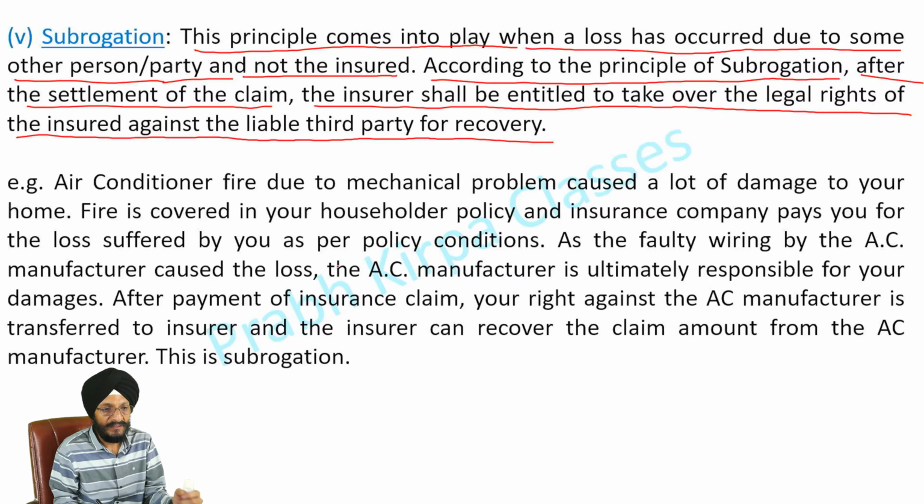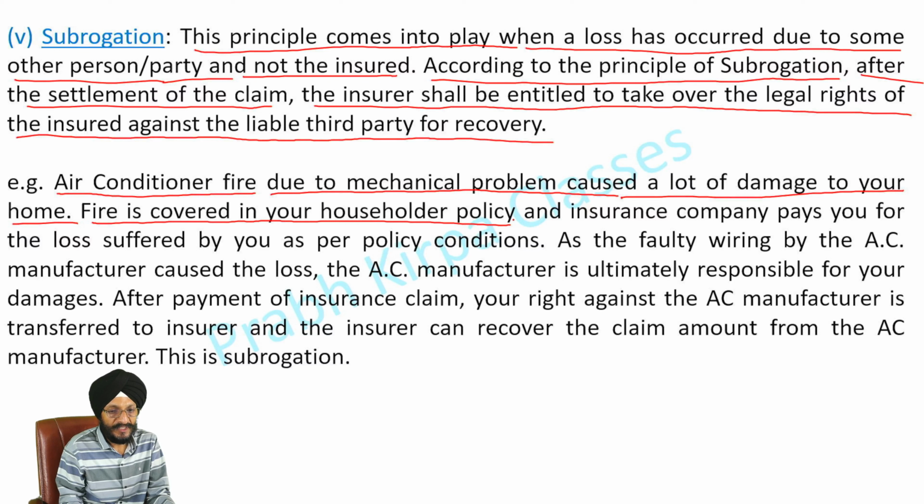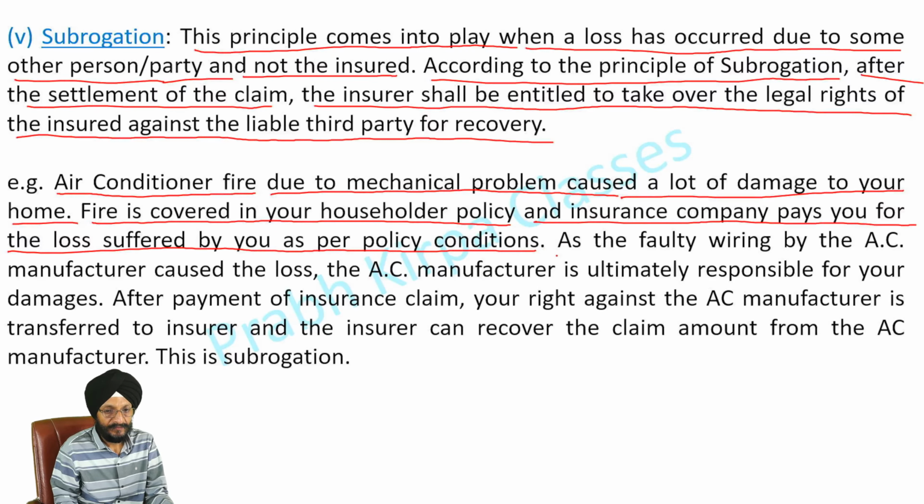We will understand this principle with the help of an example. For example, air conditioner fire due to mechanical problem caused a lot of damage to your home. Fire is covered in your householder policy and the insurance company pays you for the loss suffered by you as per policy conditions.